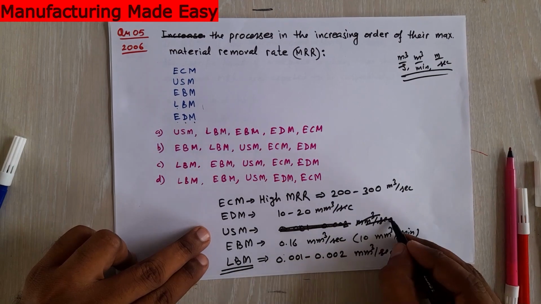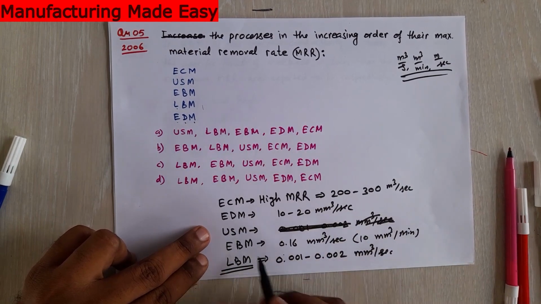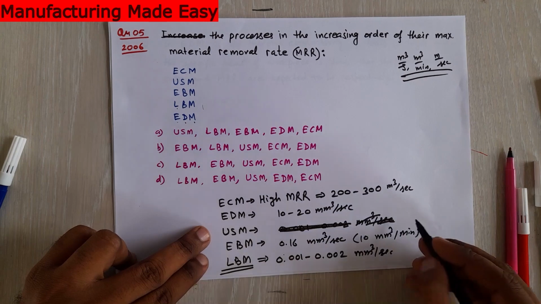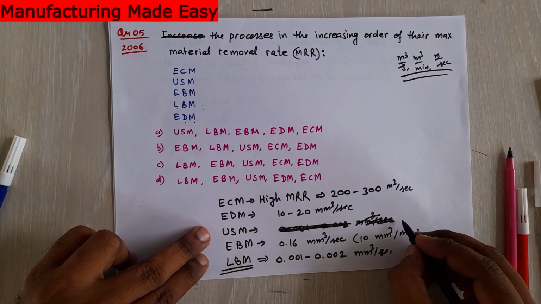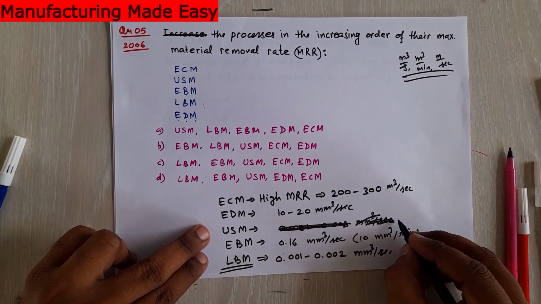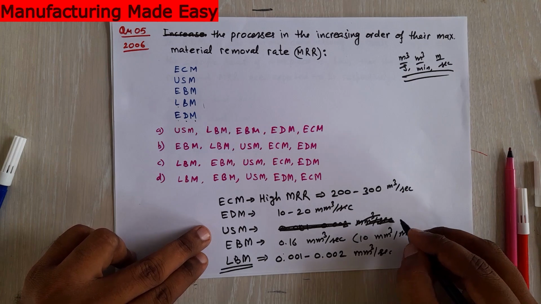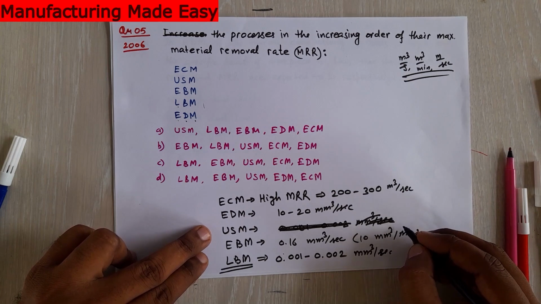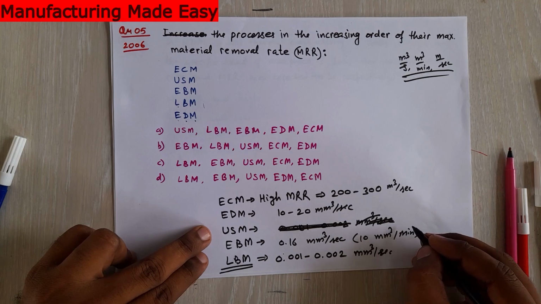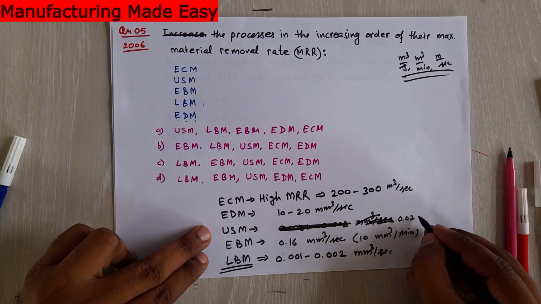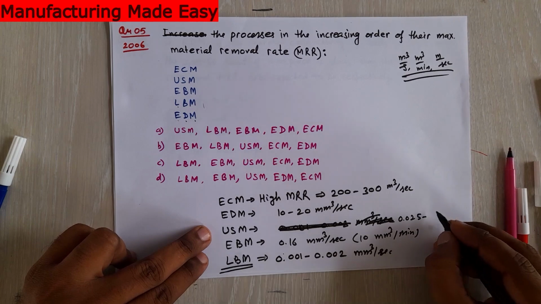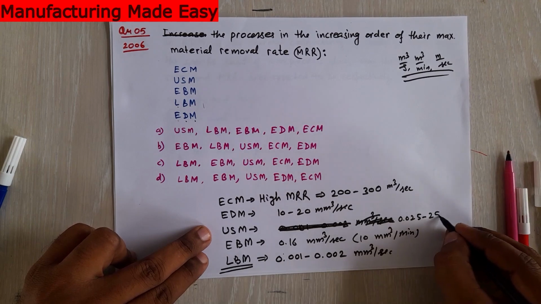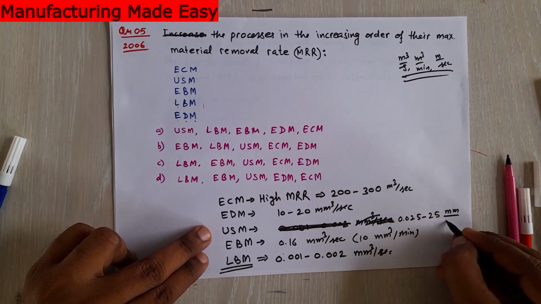And ultrasonic machining gives a material removal rate in the range of 0.025 to 25 mm per minute.